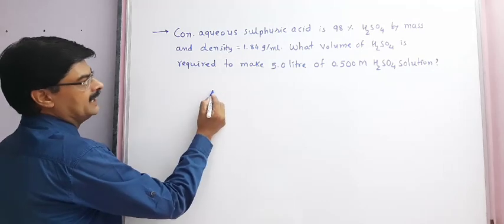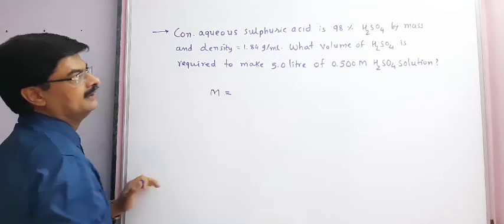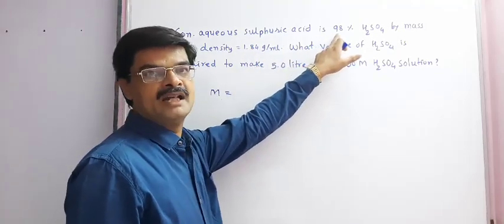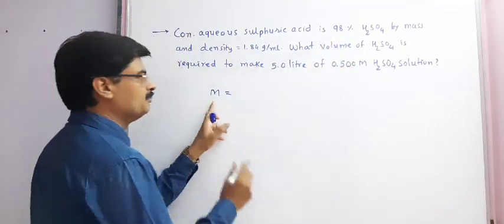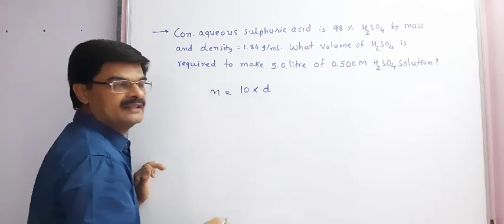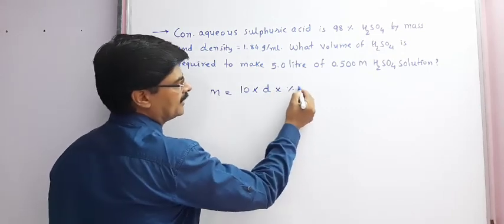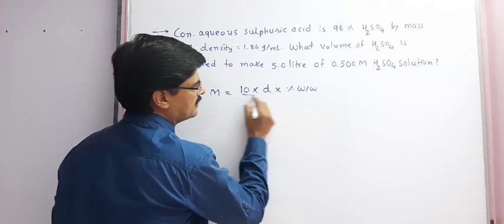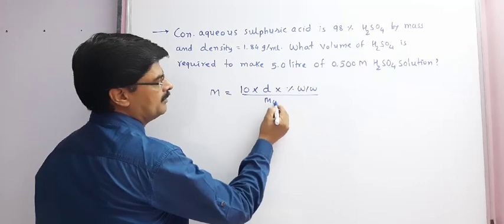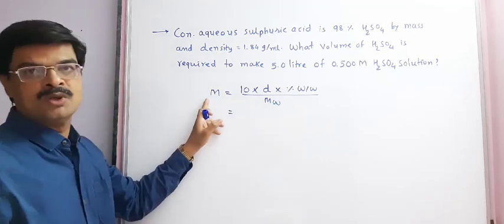First of all, we will find out the molarity. Whenever density and percent W by W are given, then by applying this simple formula, molarity is equal to 10 into density into percent W by W, that is strength percent, divided by molecular weight. We will get the molarity.